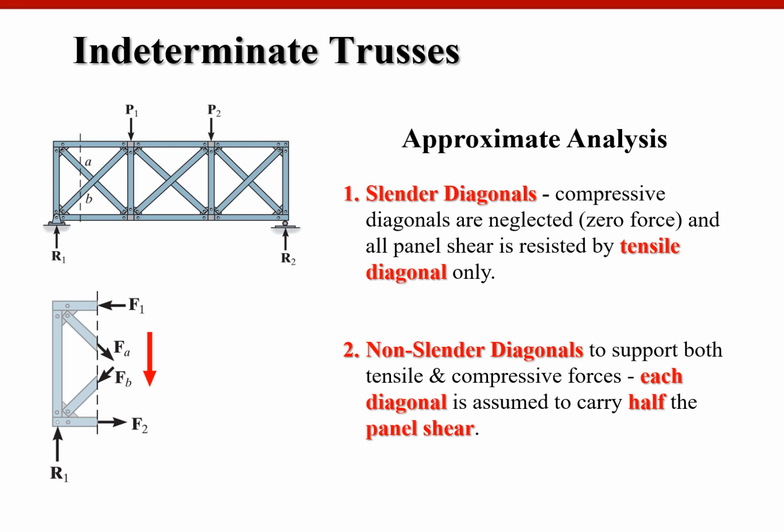So vertical component of Fa and vertical component of Fb must be same as R1 reaction at A. Okay, if you write it down in mathematical form, we are going to have this. But still, we do not know what is Fa, what is Fb. We know what is the reaction by now, but we cannot solve it. So that we are going to assume some relationship between Fa and Fb in approximate analysis.